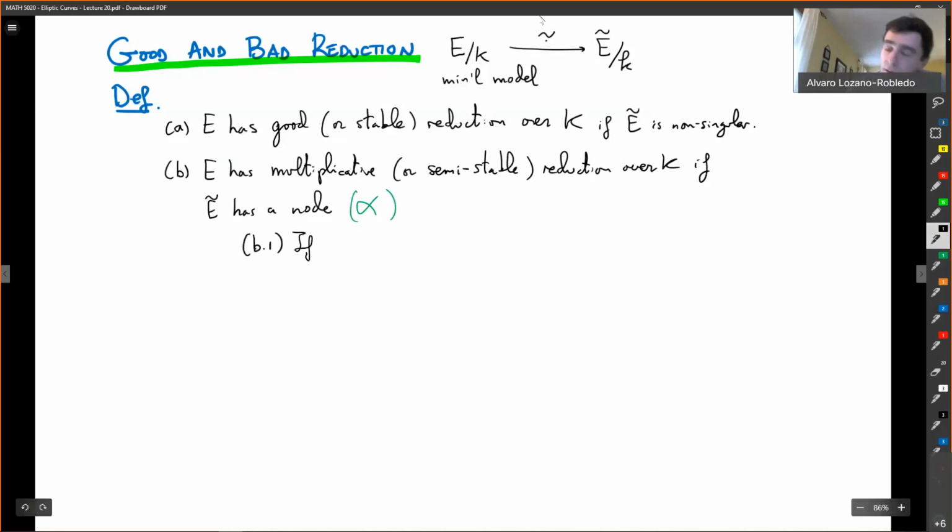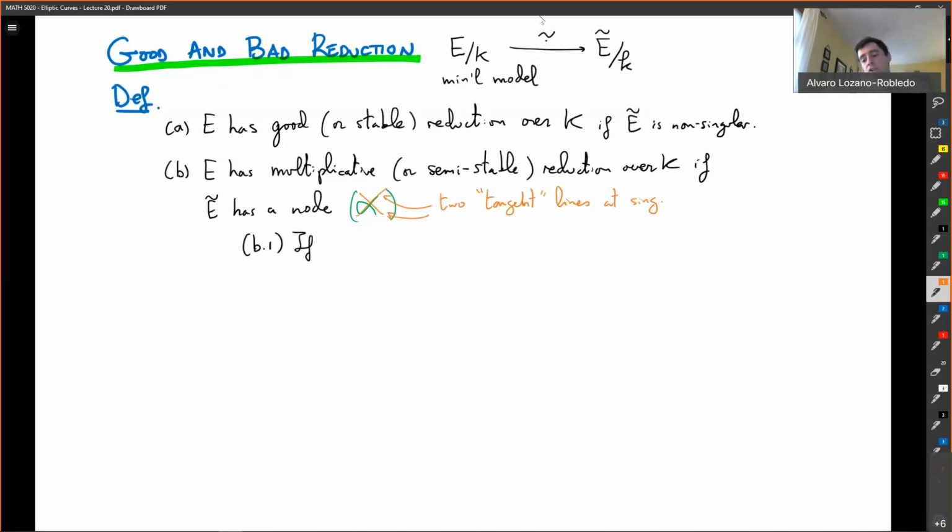If the slopes of the two tangent lines at the singularity, you see that here there are two tangent lines, and you can compute those and check what the slopes are.